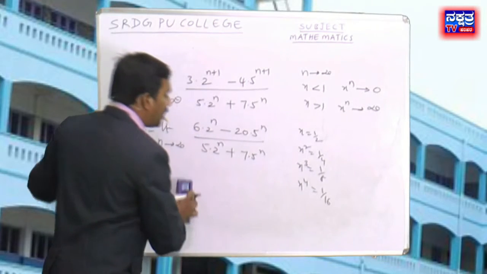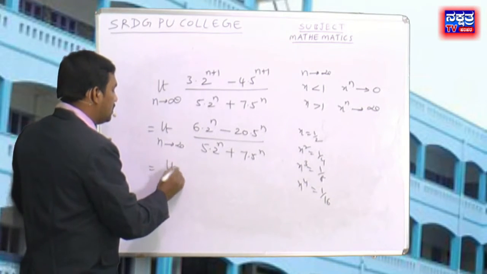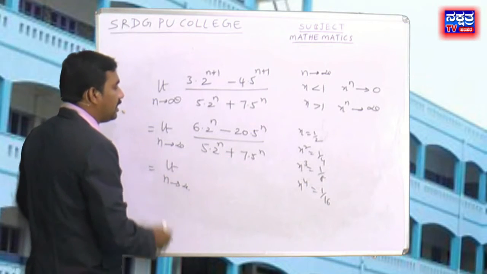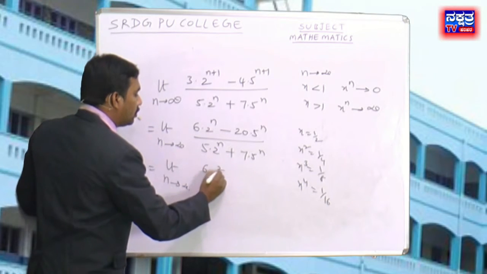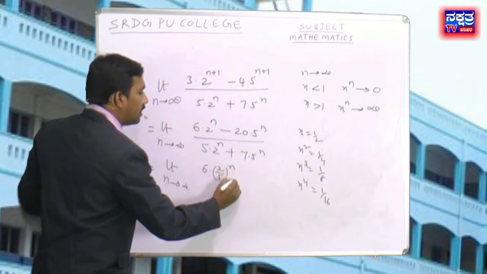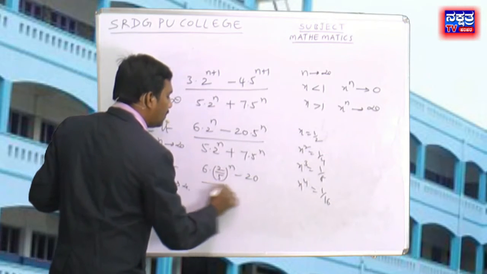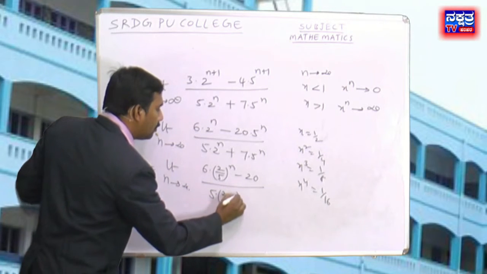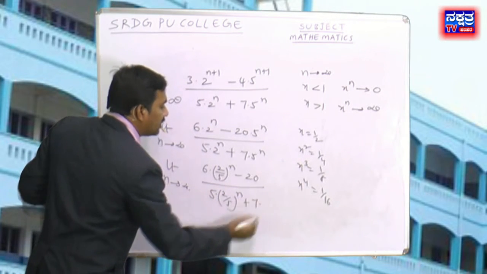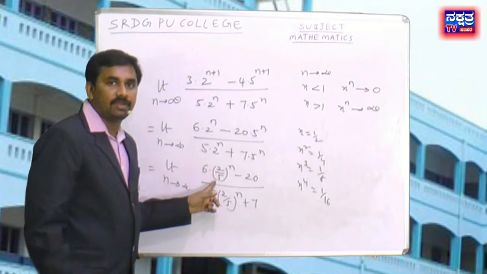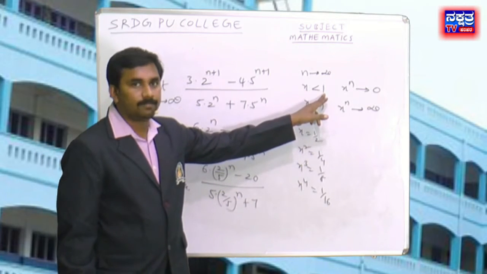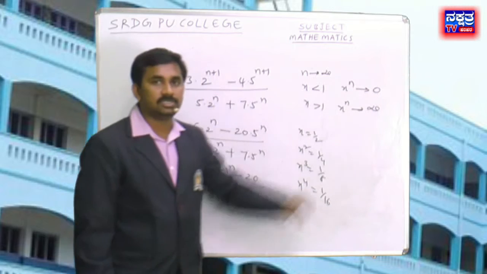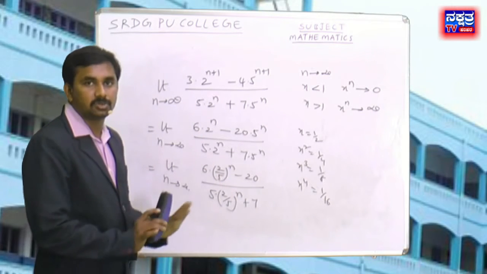So if you take the 5^n common, that equals limit n tends to infinity, then 6 into (2 by 5)^n minus 20 by 5 into (2 by 5)^n plus 7. Then clearly 2 by 5 is less than 1, then x^n tends to 0. So (2 by 5)^n tends to 0.